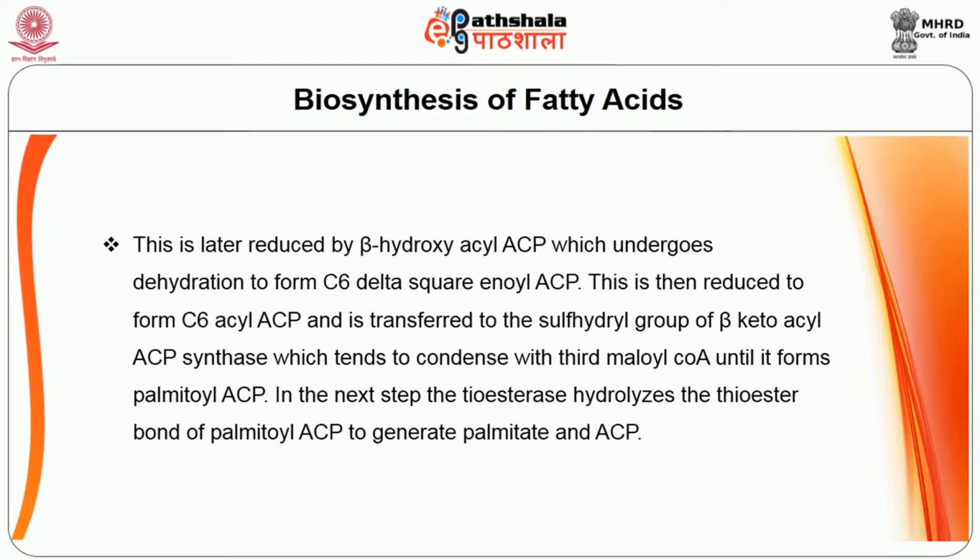This is then reduced to form C6-acyl ACP and is transferred to the sulfhydryl group of beta-ketoacyl ACP synthase, which tends to condense with the third malonyl-CoA until it forms palmitoyl ACP. In the next step, the thioesterase hydrolyzes the thioester bond of palmitoyl ACP to generate palmitate and ACP.